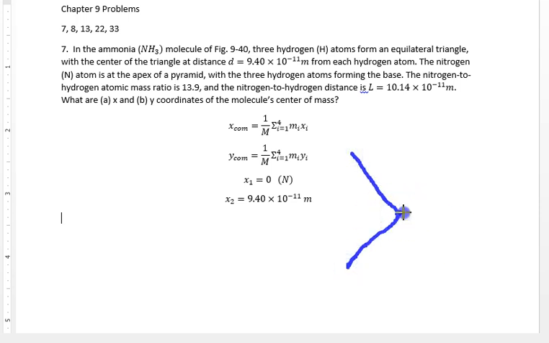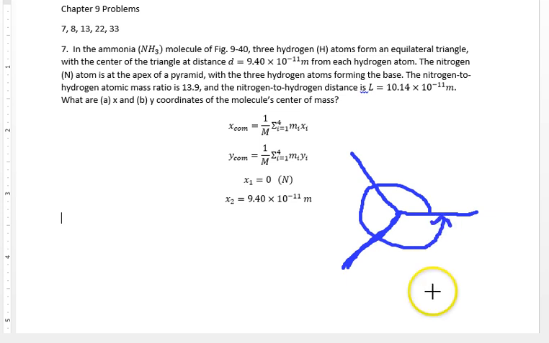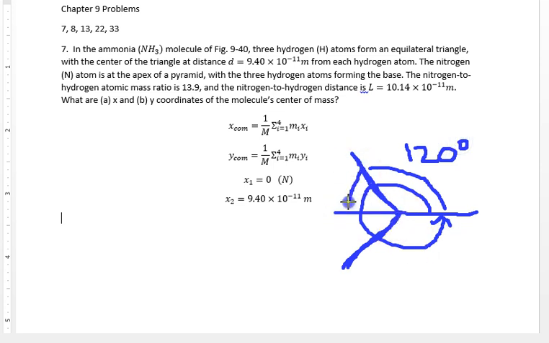If we were to draw this like this, we've got 360 degrees all the way around, correct? That means this angle from here to here is 120 degrees, and that makes this angle from there to the axis 60 degrees.